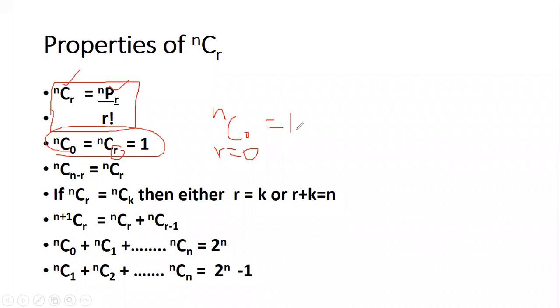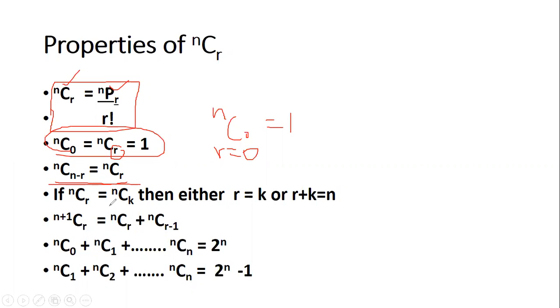If r is 0, it is 1. Then nC(n minus r) is equal to nCr. We will see these properties in solving the problems. You'll be able to understand them better. There are no proofs for this as of now, but while we are solving problems, we will be able to use the formula and arrive at the answer.